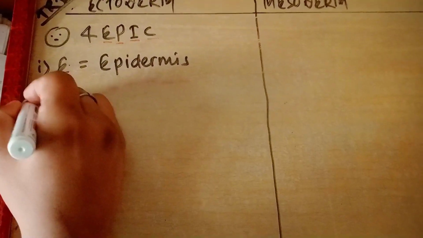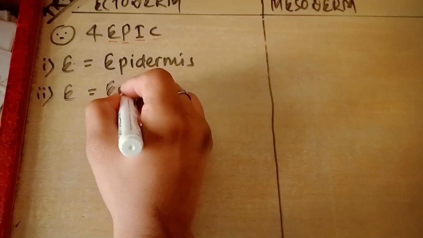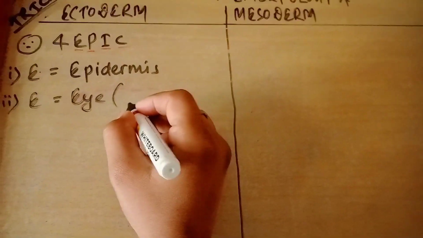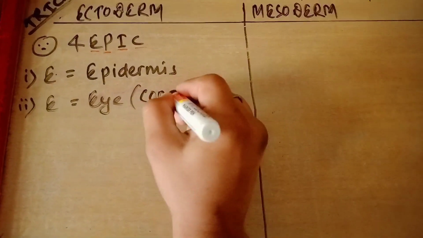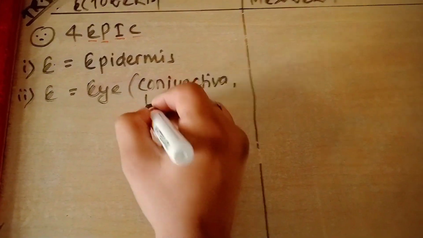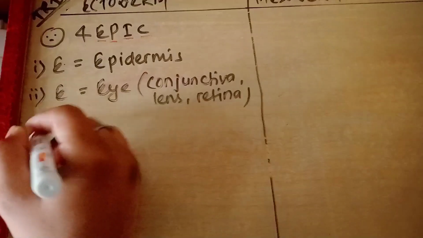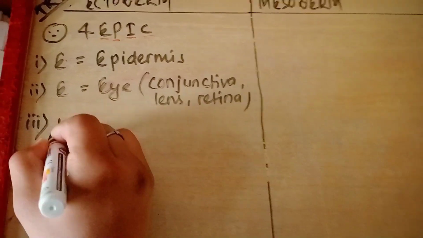We have the second E, that is eye: conjunctiva, lens and retina.